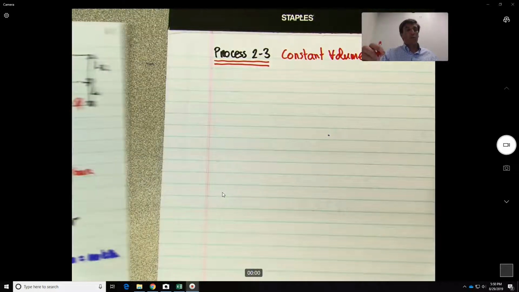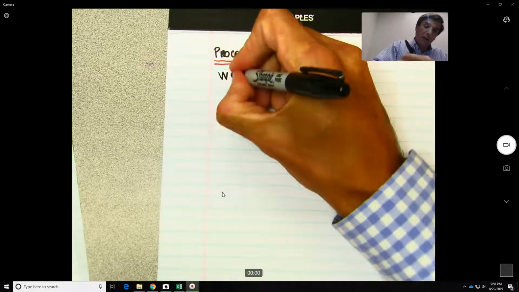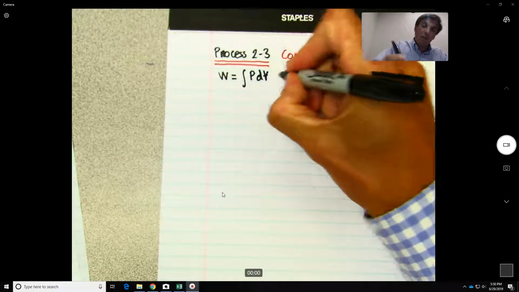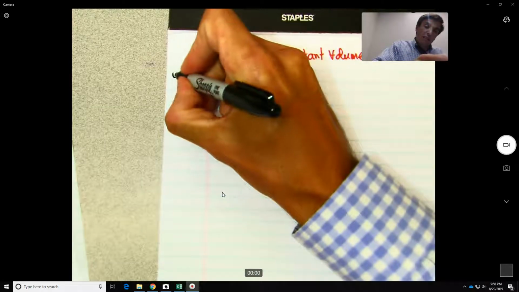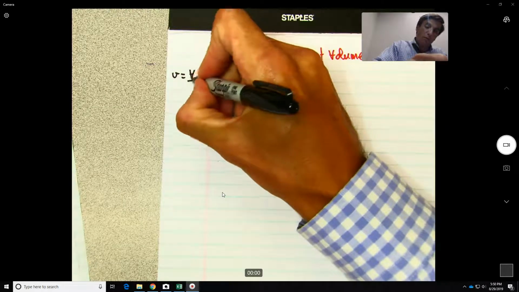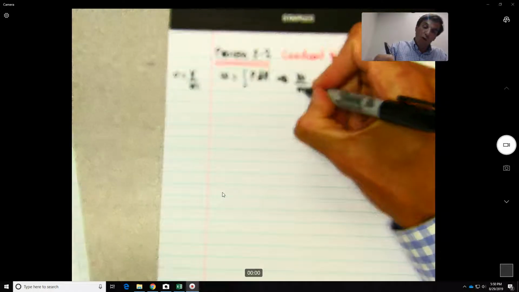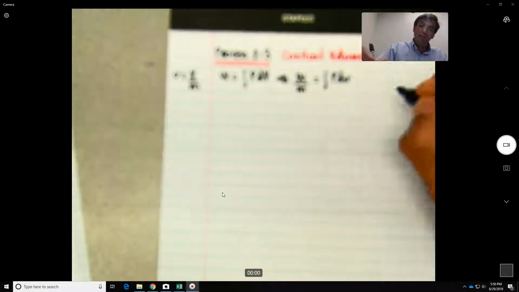So that's really good because it's going to simplify a little bit the work, because if you remember by definition, the work is P dV, or with a minor manipulation, knowing that specific volume equals volume over mass, we did it before, the work per unit mass is equal to P dv.